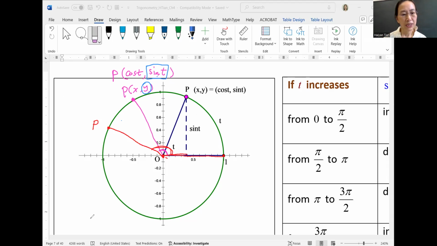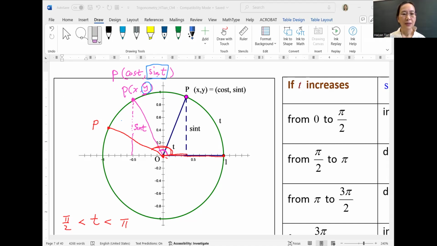So I'm looking at a t that is bigger than half of pi, but less than pi. So for the t's in this range, let's look at the sine t. So sine t for this, the first y coordinate I drop, we can see the y coordinate. This is the sine t for the pink angle t, right? Just look at the y coordinate.